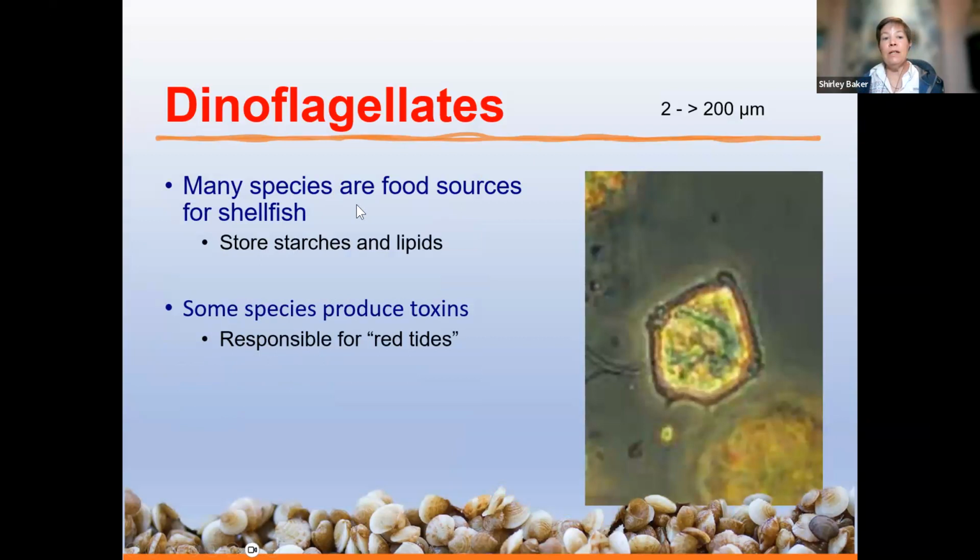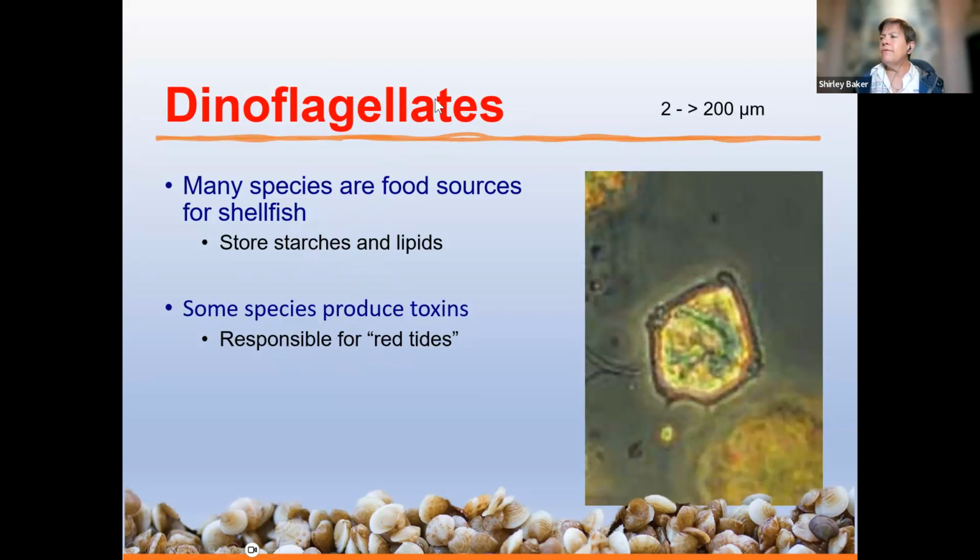So phytoplankton can kind of be lumped into 4 groups. Dinoflagellates are one of the big groups. Many species of dinoflagellates are good sources of food for shellfish. They store starches and they have lipids. Others, however, do produce toxins, and as you're familiar with, they are responsible for red tides, but that's only a few species.